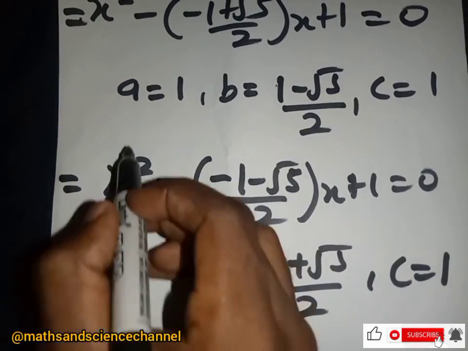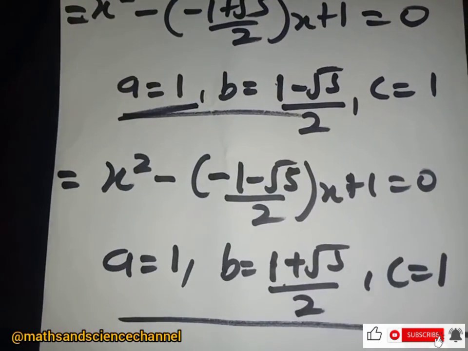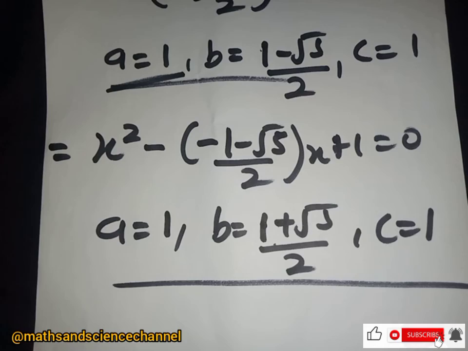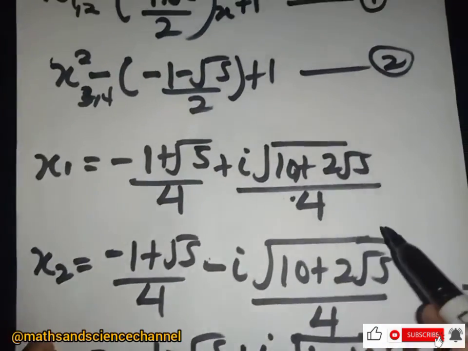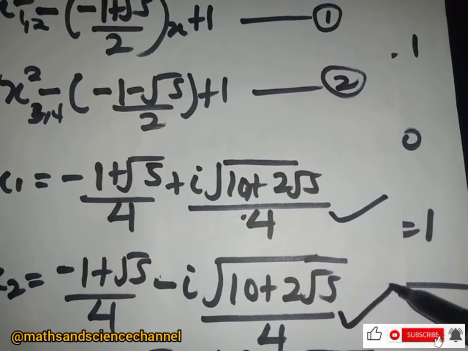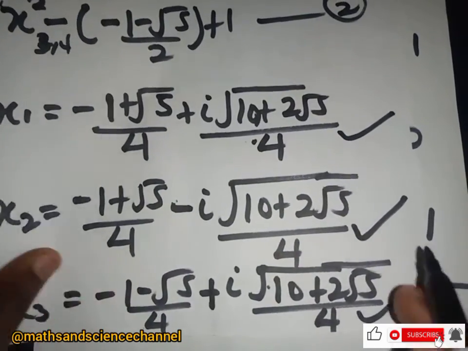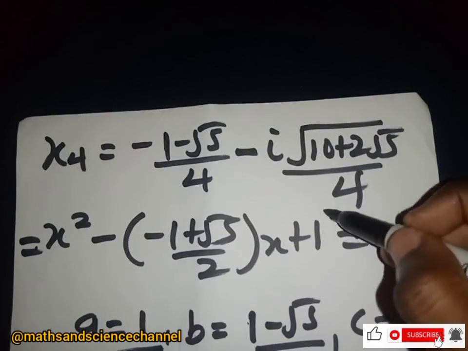So with these two equations here, you can use the quadratic formula to go through, and then at the end of the day you are going to get the values of x here.